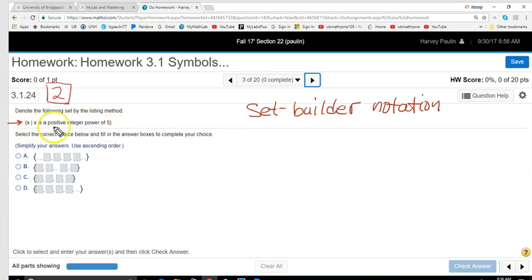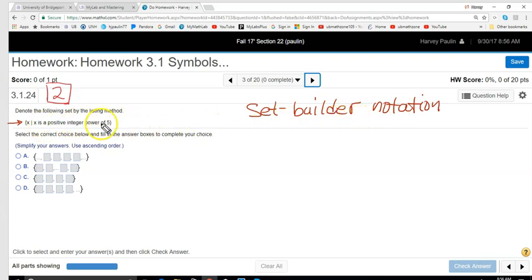Now, when it's listed in this form, this is called set builder notation. Again, the previous one was roster, and we had set notation where we're describing, but this one is called, in this form, set builder notation. And you probably should write that down.